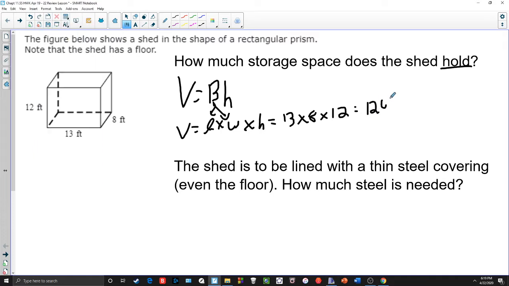So 1248 feet cubed. That would be how much space the shed holds. And again, it's a volume question because you're talking about holding a space or taking up a space.